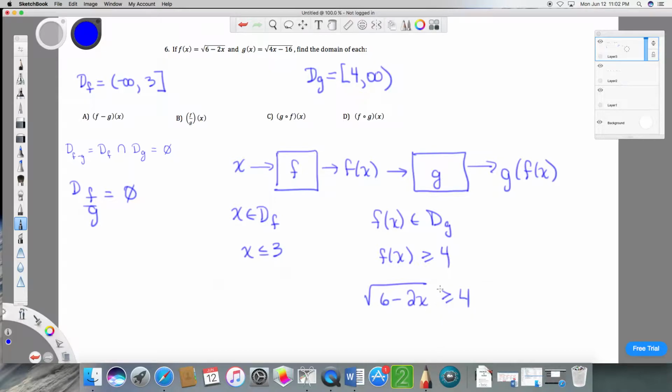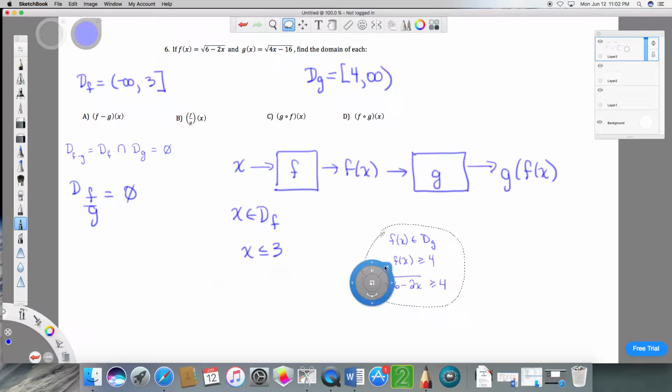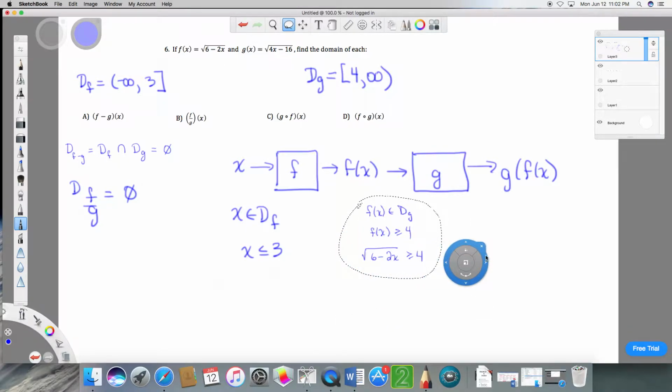And I know that on the left here, that's 0 or positive. So I believe that I can square both sides of this without running into any kind of contradiction or problems. You have to be careful about doing that, especially in inequalities, if you multiply both sides by a negative value, you have to change the direction of the arrow.